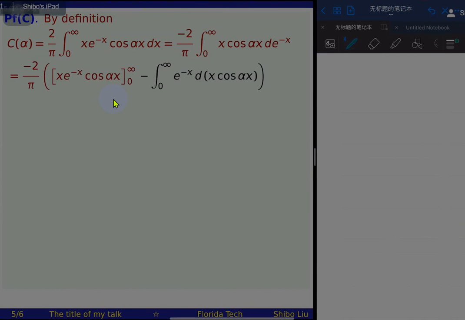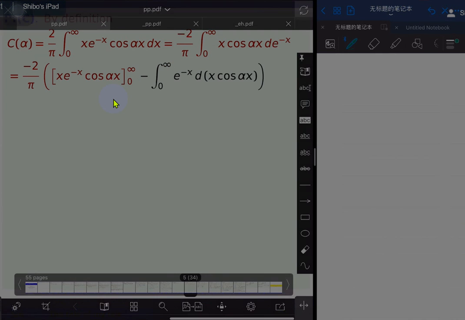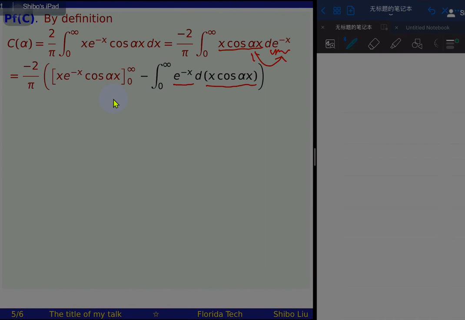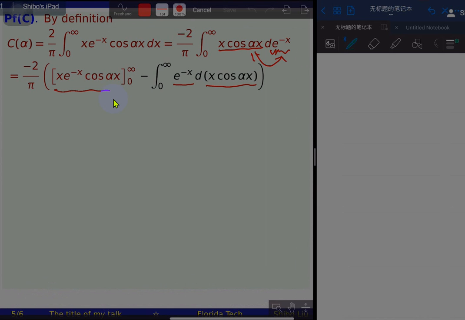Then we need to subtract the integral where we switch the two parts inside and outside d. We get the exponential, then d of cosine alpha x. This is just integration by parts.